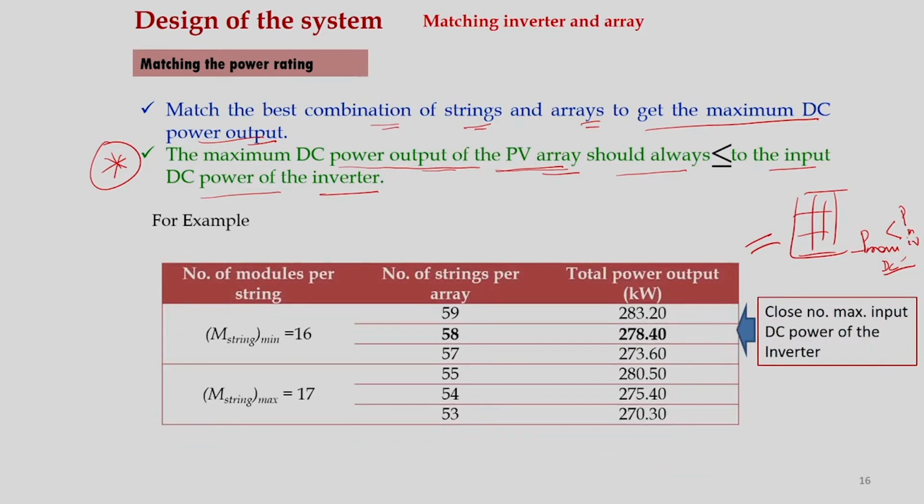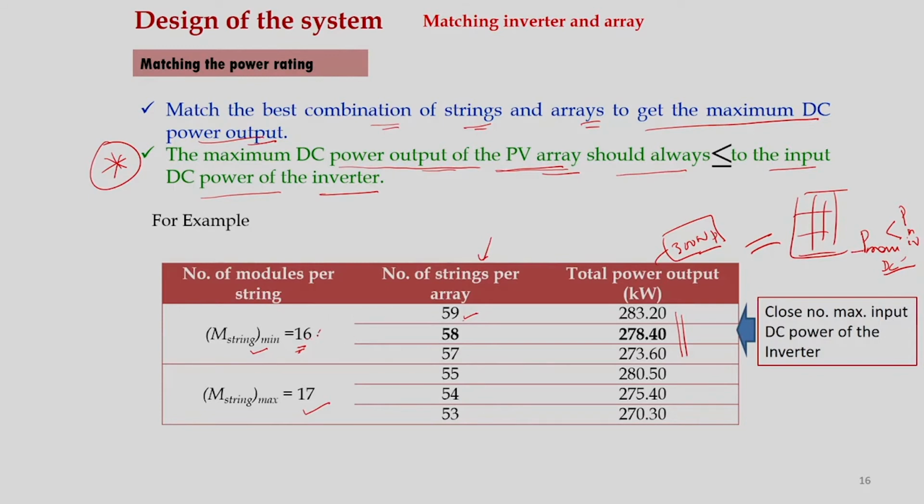Now, for example, if in a calculation we know the minimum number of strings, the maximum number of strings, and the number of arrays based on our calculations, maybe 59 we got. But this is fixed, because if we consider the rating without derating of the module, say a 300 watt peak module, then we multiply 16 by 59, where the number of strings per array is 59 and the number of modules is 16.